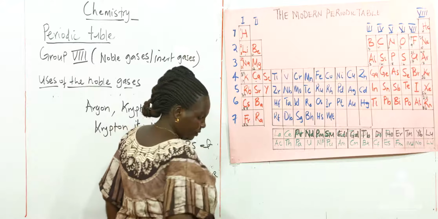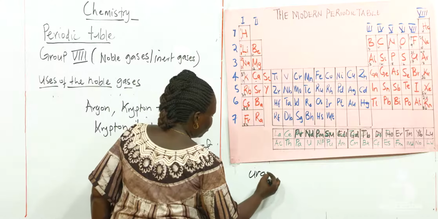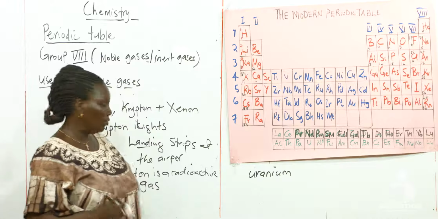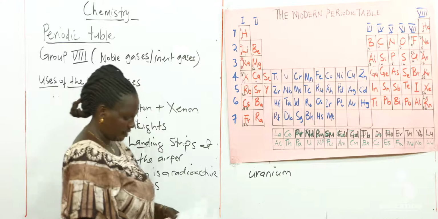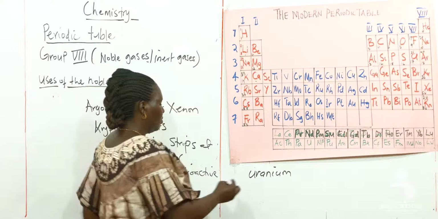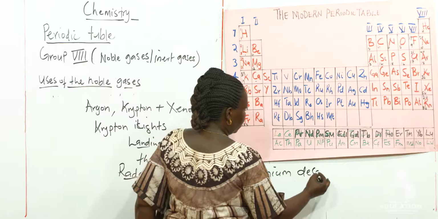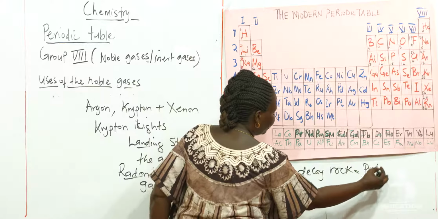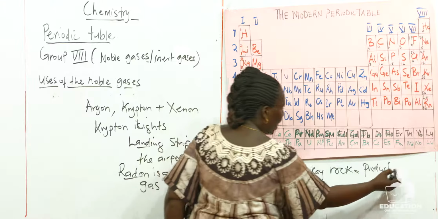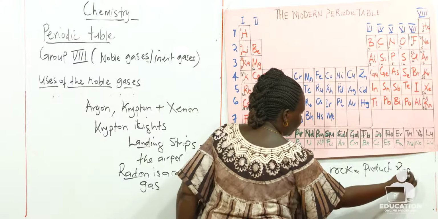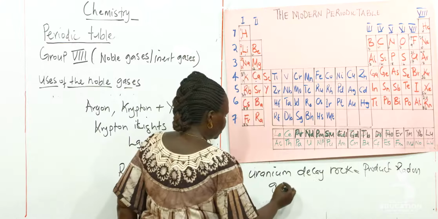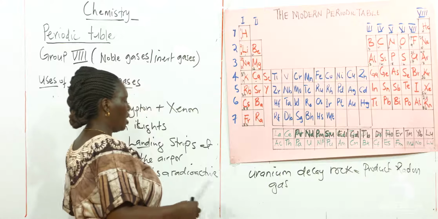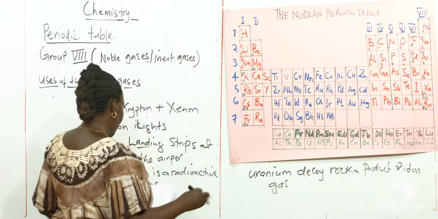When uranium breaks down in the earth's crust, in rocks, one of the products of this uranium decay is what is called radon gas. And this takes place naturally.